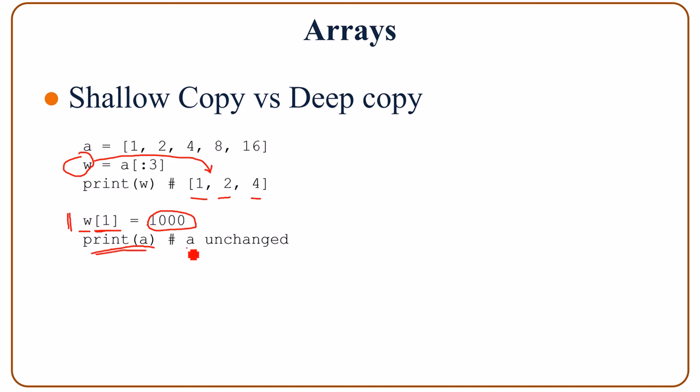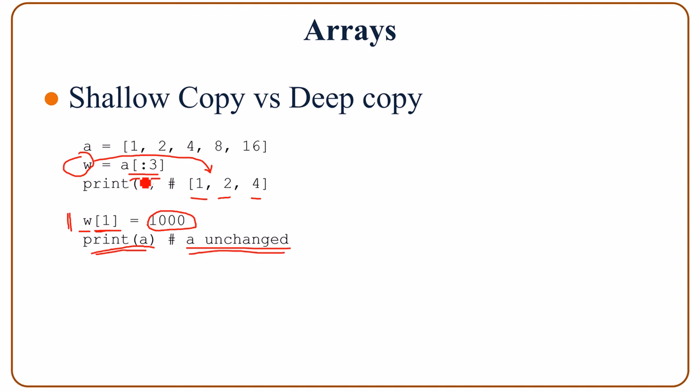So what we see is the same thing: a was unchanged. So in this code, you made a shallow copy of a by doing slicing.